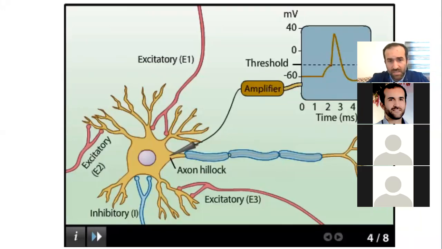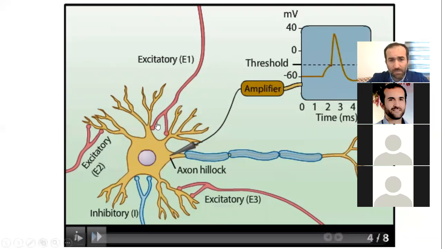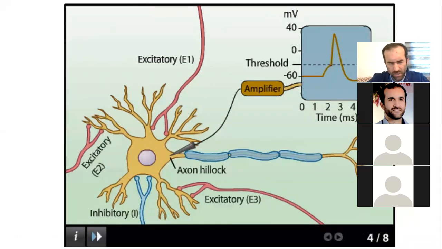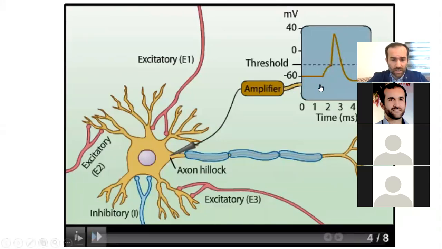I can't make a summation of two action potentials. I'm making a summation of the first EPSP obtained from the first fiber and the second EPSP obtained from the second fiber. Their summation leads to an EPSP of higher amplitude, and this will lead to an action potential since it reaches the threshold.